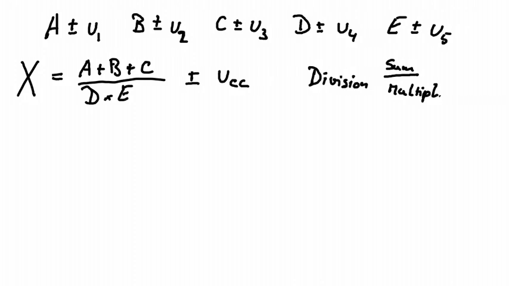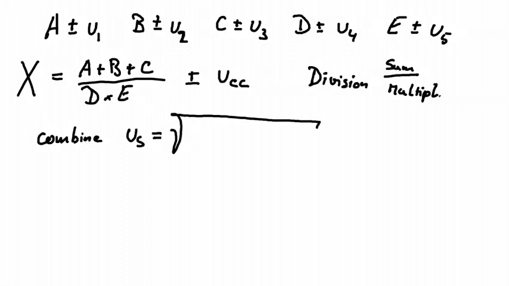We have seen that if we want to combine uncertainties for a sum, then we would use the uncertainty of a sum equals the square root of the uncertainty of one partner squared plus the second one squared.